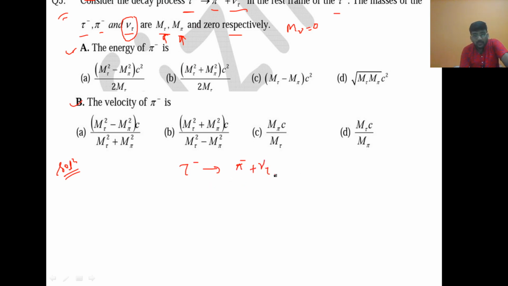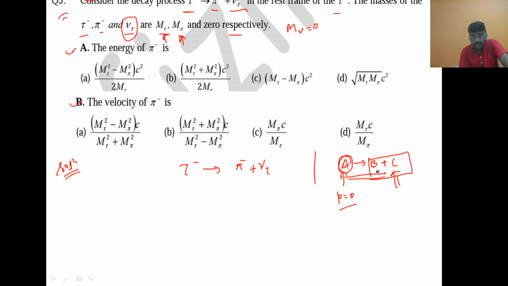First we have to see that if any particle A decays into two particles, B and C, and this particle is initially at rest, then the linear momentum of this particle will be 0. So P will be 0, and the final momentum should be 0. The resultant momentum of B and C must be 0.